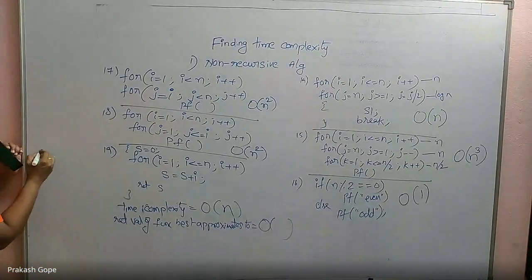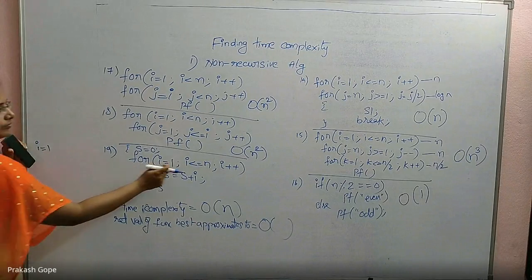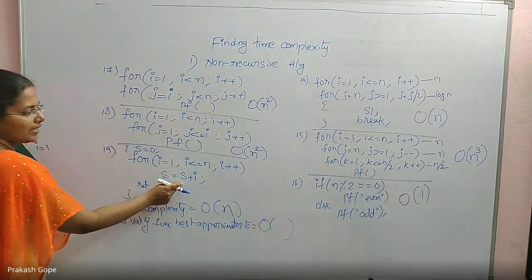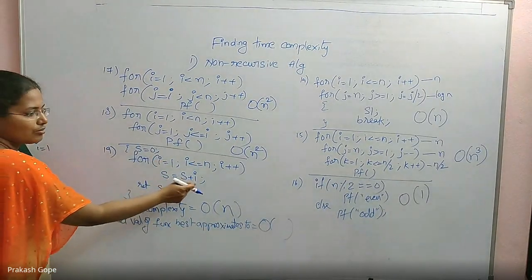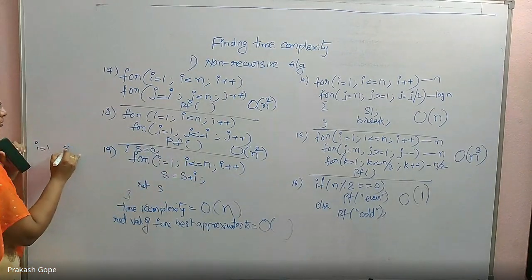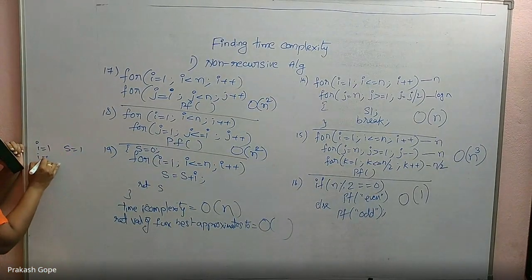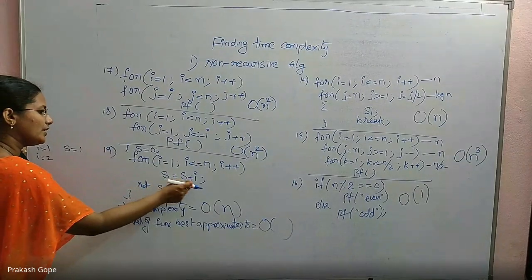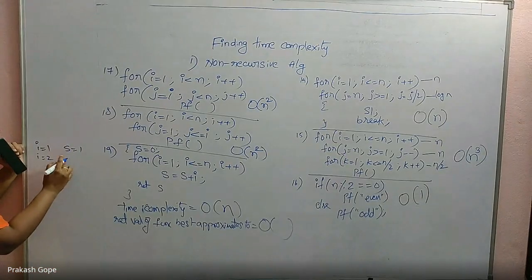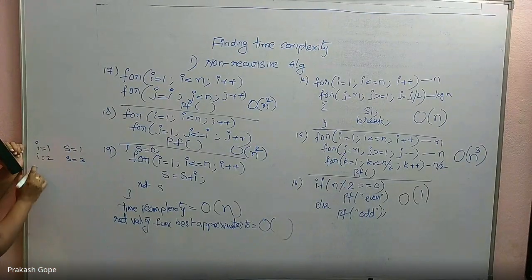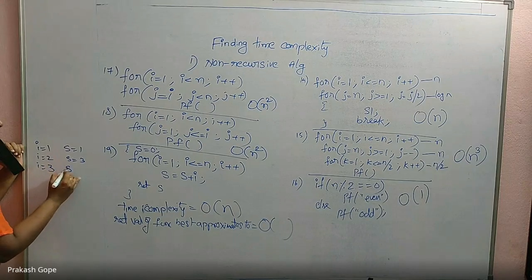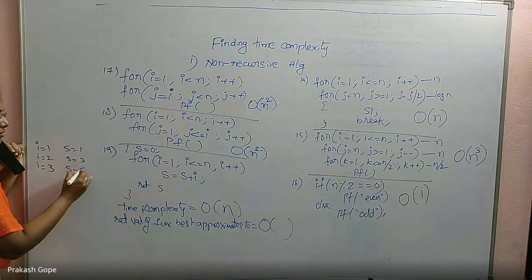Let's see. When i equals 1, this 1 gets added to s. Initially it is 0, so 0 plus 1, and the s value is 1. When i becomes 2, to the existing s I am adding 2, which means 1 plus 2, 3. When i becomes 3, to the existing s I am adding 3, so it is 6.